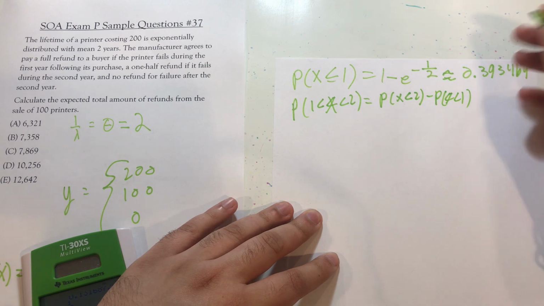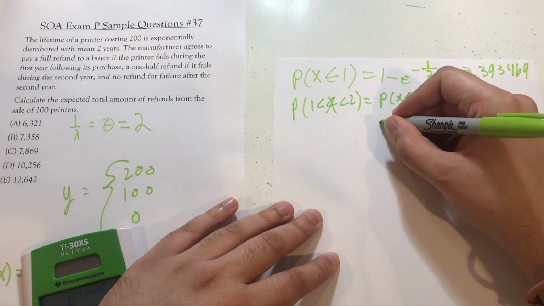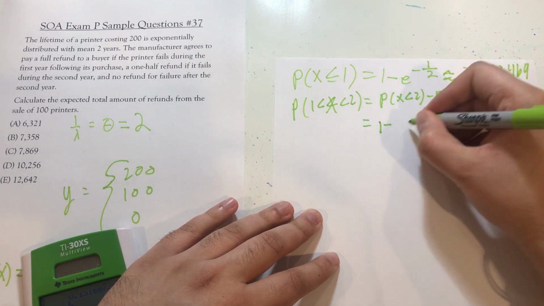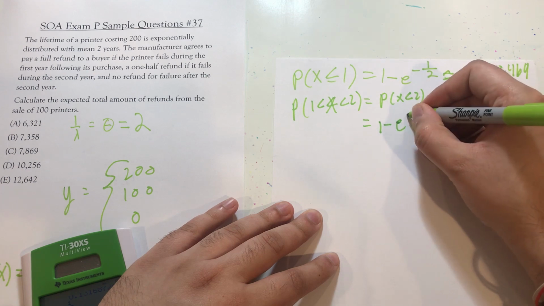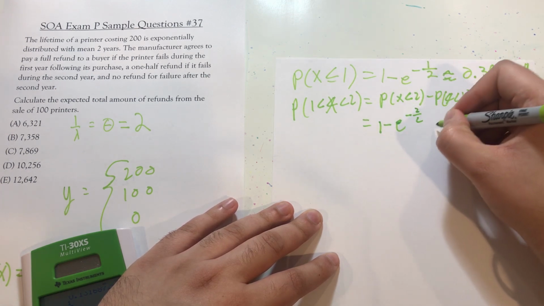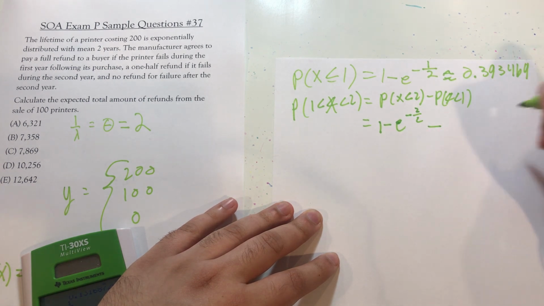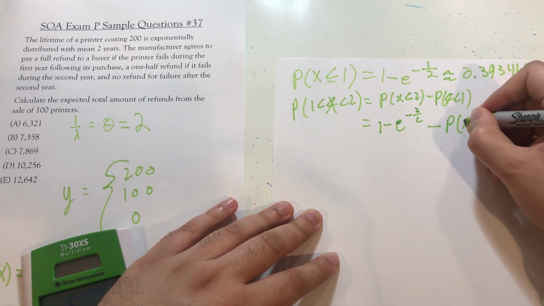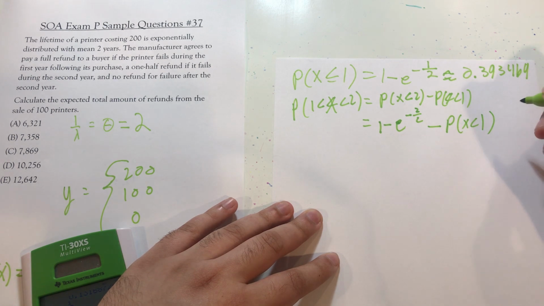So let's calculate. The probability of breaking in less than 2 years is 1 minus e to the negative 2 over 2, minus the probability that x is less than 1.